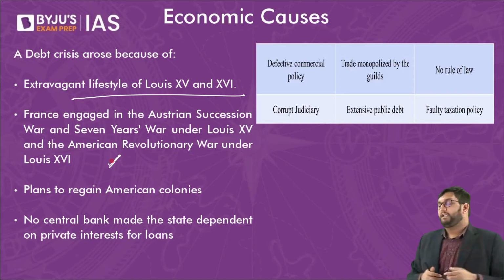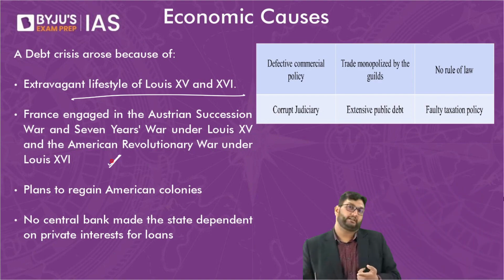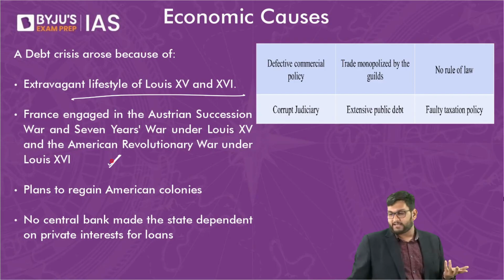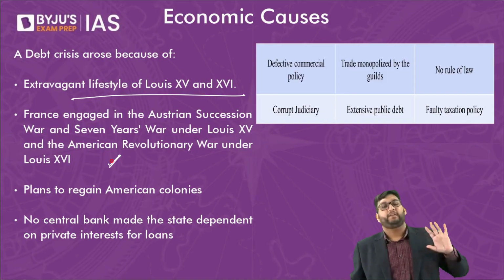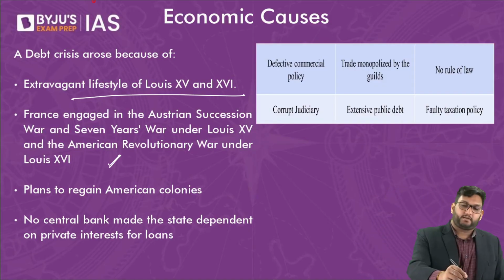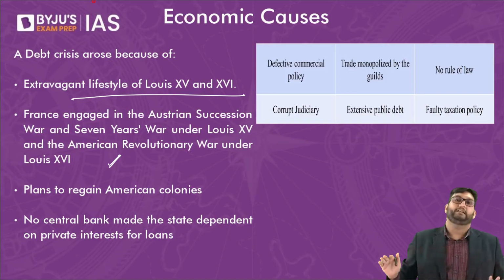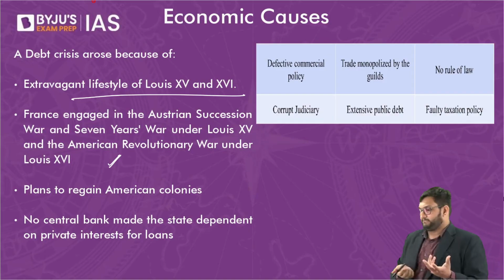You tell me, if there's a war over who will come to power in Austria, what does France gain out of this? Nothing. If America got independence, what does France gain out of it? Again, nothing. So these emperors had no understanding of where they were actually investing.